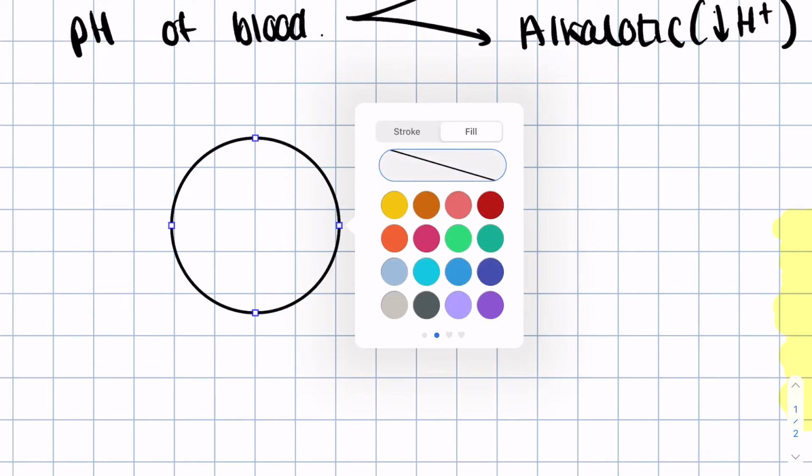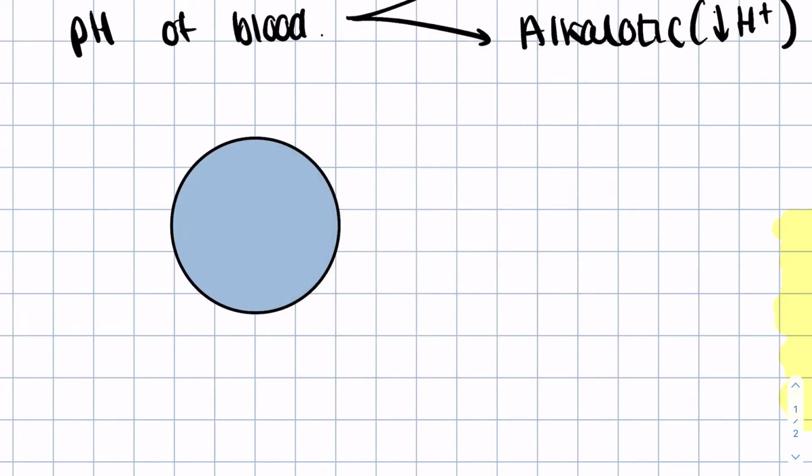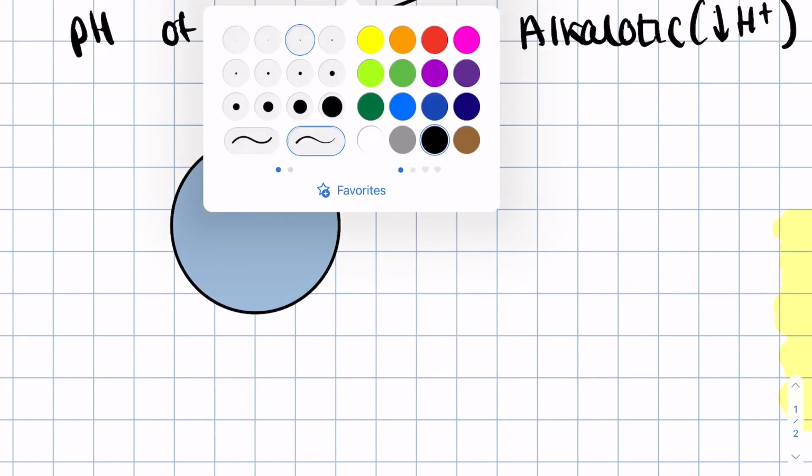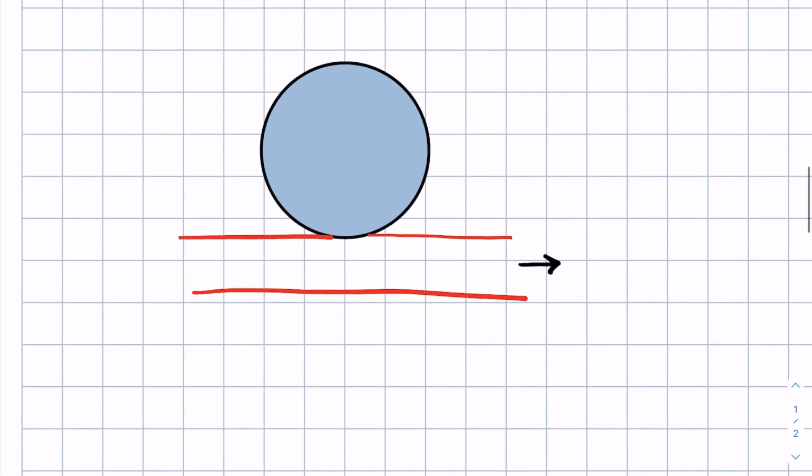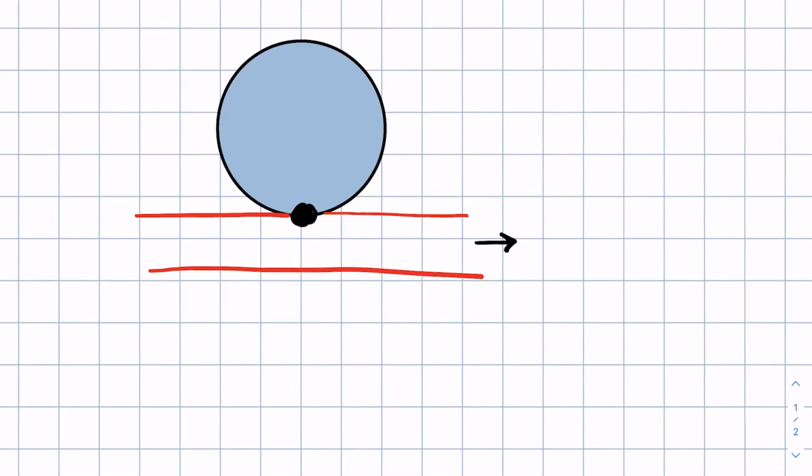If I draw a cell here, and I draw a blood vessel surrounding that cell, and the blood is going to move this way along the page. There is a channel here that can exchange hydrogen ions for potassium ions, and it can work both ways.